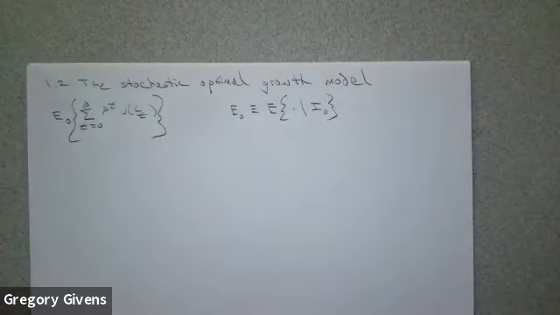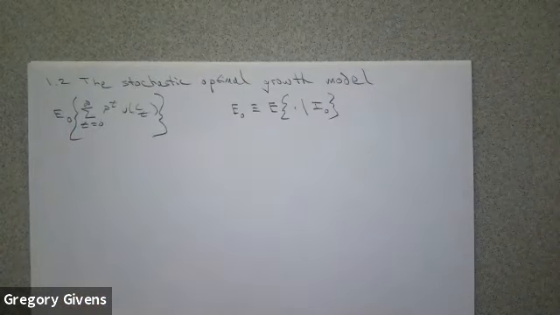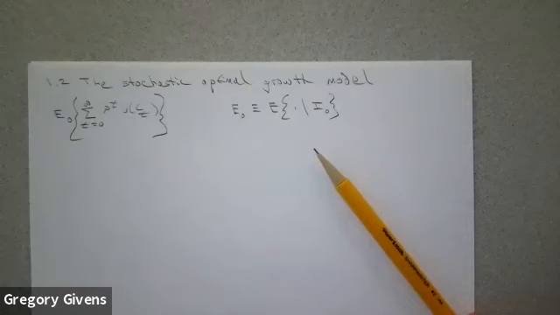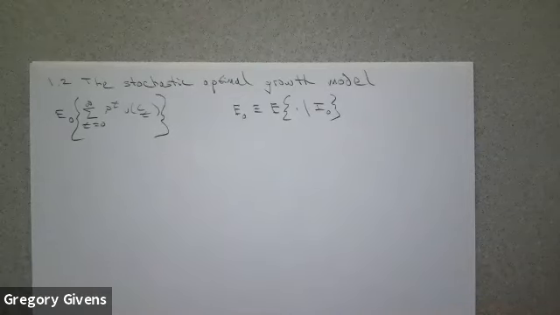So the planner observes X0 and Z0 and forms an expectation of what lifetime utility is going to be based on that observation. Again, she doesn't know what Z's are actually going to occur, but she does know all the possible different Z's that could occur. And she has to form an expectation over those future realizations based on the likelihood that the Z's will occur, because she knows what the probability distribution function is.